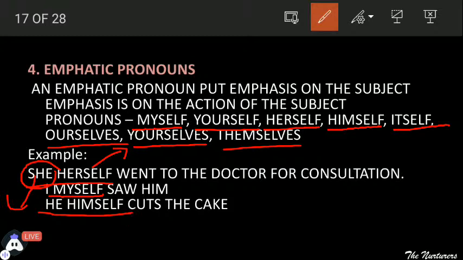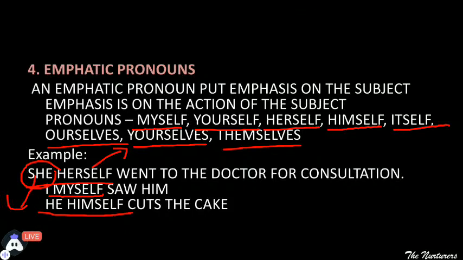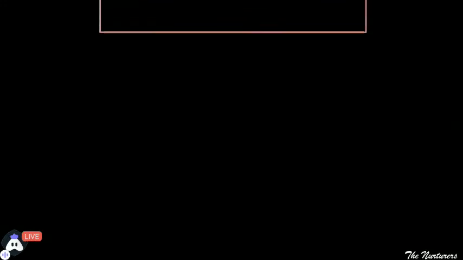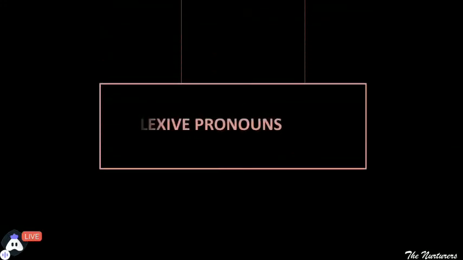Just remember, she, I, he are the personal pronouns, whereas the next word which is laying the emphasis is our emphatic pronoun, and emphatic pronouns and the reflexive pronouns usually end with self, or if you're talking about plural, then selves.